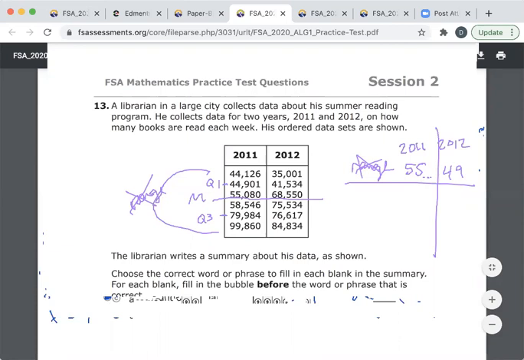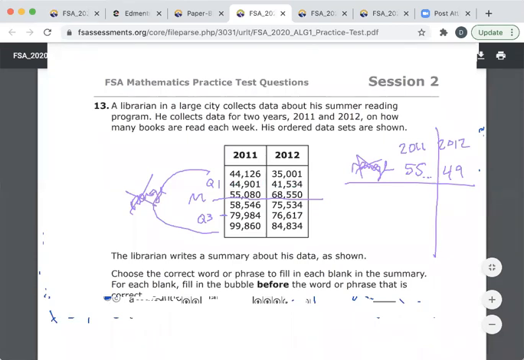And then the second question was the quartiles. If we look at the numbers for the lower quartile or quarter 1, one of them is 44 and one of them is 41.